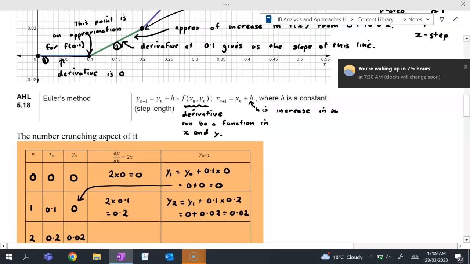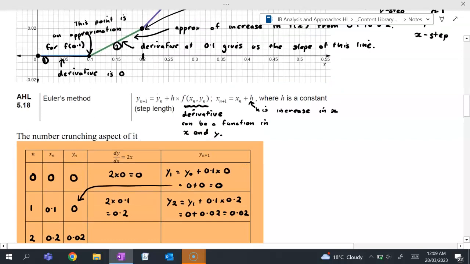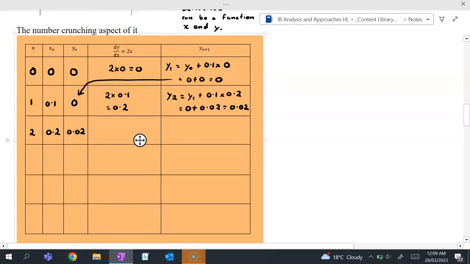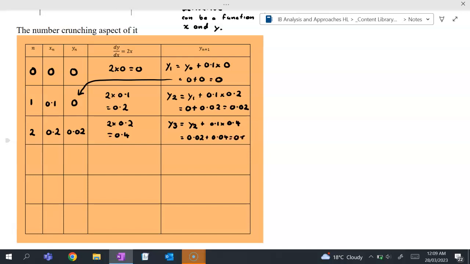And if I go back up, x value here 0.2, y value here 0.02. So we can see that it's checking out. Now the value of the derivative at 0.2 is 0.4. So then y3 is y2 plus step value 0.1 times the value of the derivative. So it's 0.02 plus 0.04, which is 0.06.